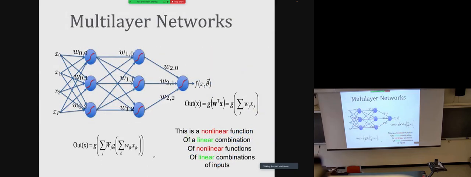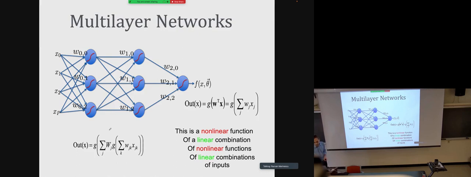So again, the idea with multi-layer networks is that we have many transformations of linear and nonlinear functions. So this is a nonlinear function of a linear combination of nonlinear functions of linear combinations, and so on, and it keeps going on and on, depending on how many intermediate layers we have.